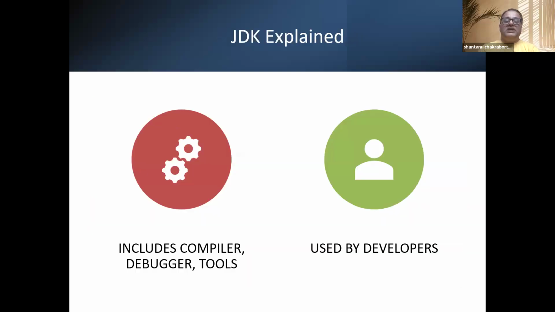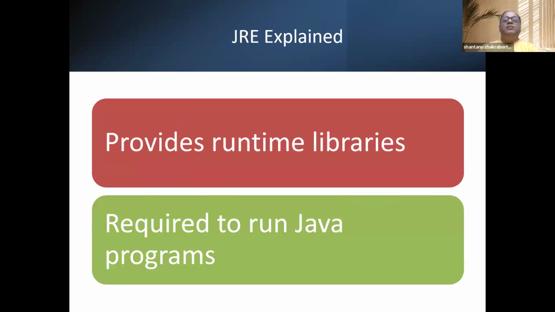It includes compiler, debugger, and other tools that are used by the developer. It provides a runtime environment and the libraries that are required to run and execute a Java program.